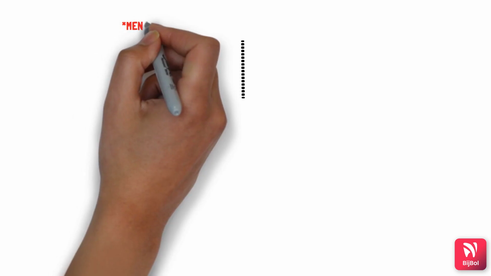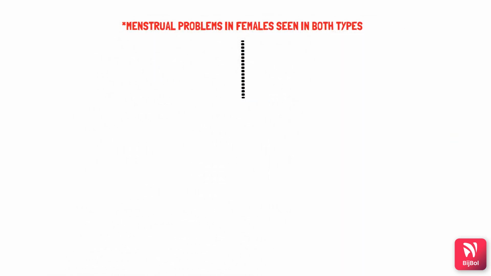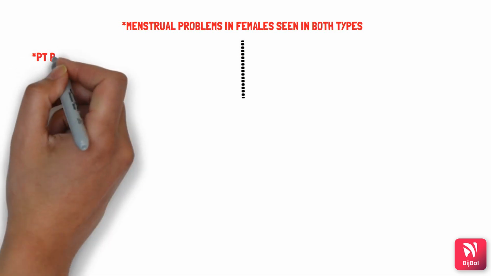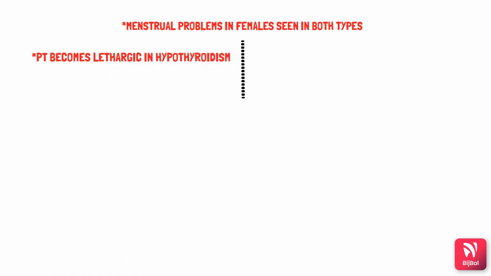So also the females can encounter menstrual problems because of both hypo and hyperthyroidism. Both have different sets of symptoms. Then let's take a look at the psychological aspect of this. In hypothyroidism, the patient might end up lethargic. The patient becomes lazy because the basal metabolic rate is decreased.